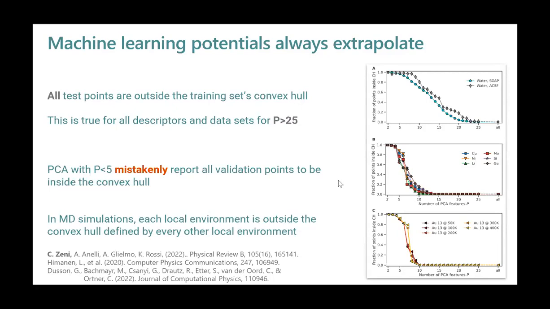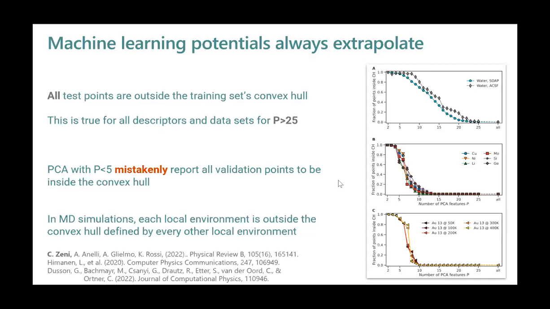What's more interesting, perhaps, is that if you do PCA compression on the descriptors, you have to compress quite a lot before points start being in the interpolation regime. For the 3 data sets, this number can be 25, 15, or even 10. This means that even in lower dimensional regimes where it's not geometrically guaranteed that all points are outside the convex hull, they will still be outside the convex hull.